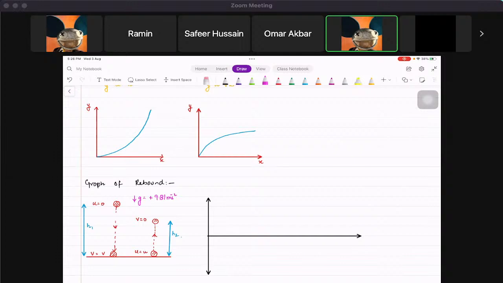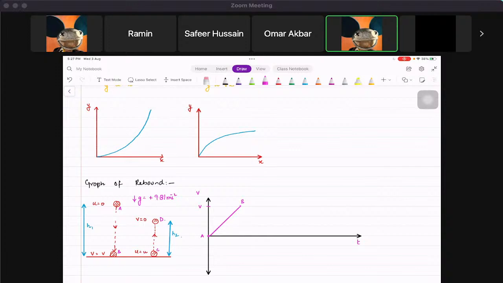So initially, let's say this is A, just to give a reference, this is B, this is C, and this is D, okay, just to give some points. So at A the velocity was 0, at B the velocity was v, so this is a velocity time graph, by the way. So you got to make a straight line like this. This is A, this is B, and the velocity here was v.